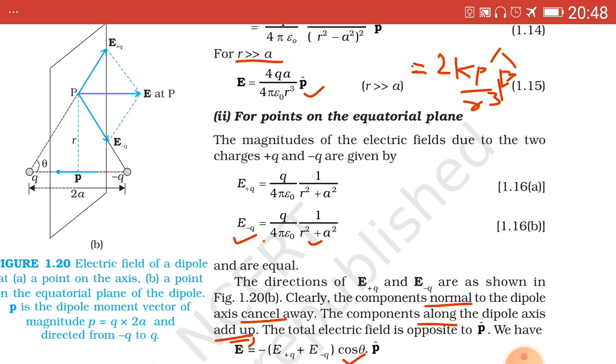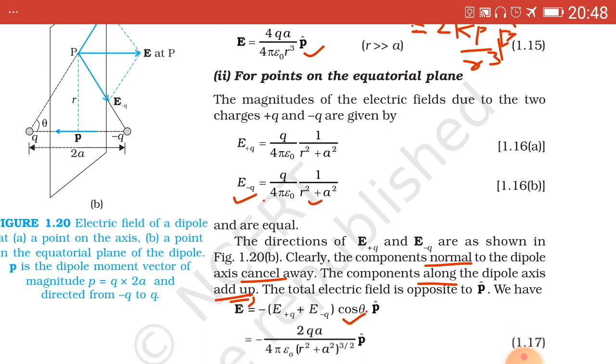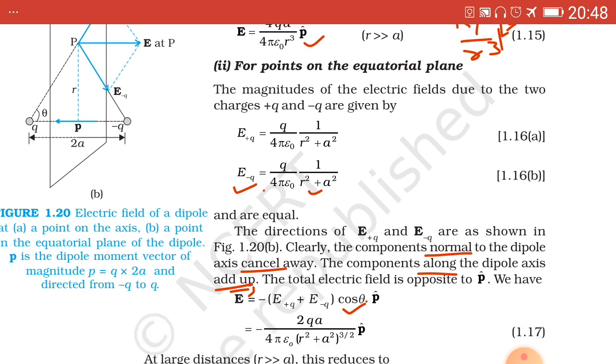Now we come back to this description. Here also we have to calculate magnitudes of electric fields due to plus q and minus q. Say here E plus q equal to q upon 4 pi epsilon 0 into 1 upon r square plus a square.